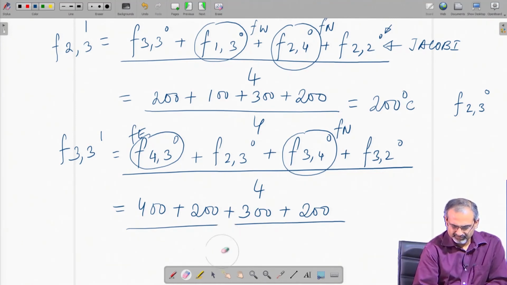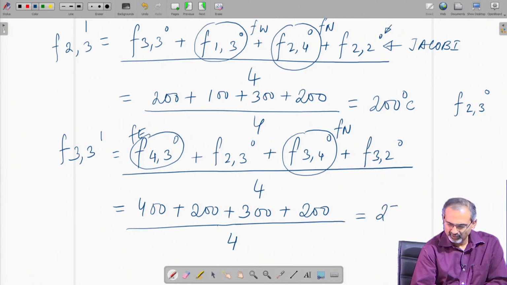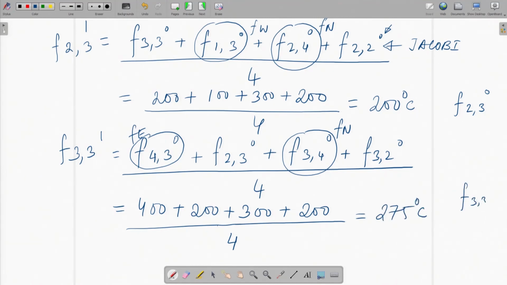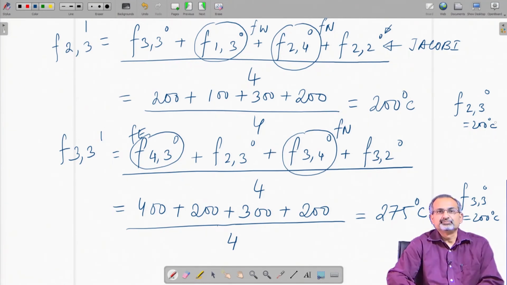So, this gives you 275 degree centigrade. Of course, the initial guess was 200. So, this has increased and now we have the values at the first iteration level.